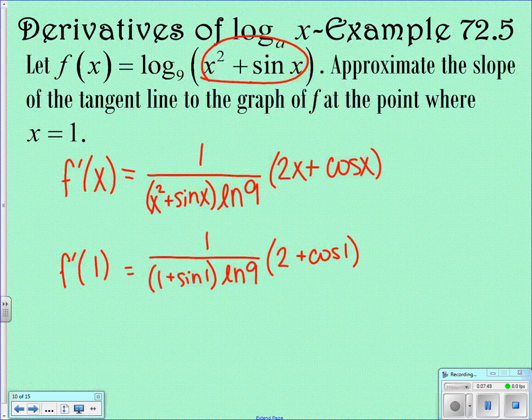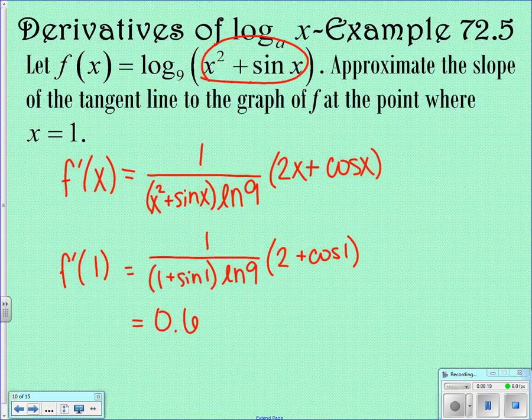And so now you need your calculator to evaluate that, and I want you to plug it in and make sure that you get the same thing that I get. Now your calculator needs to be in radians in order to get this answer.